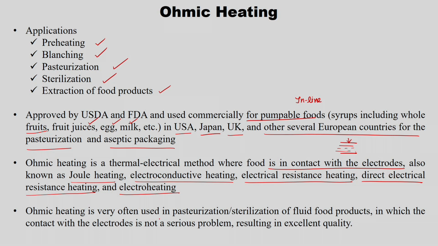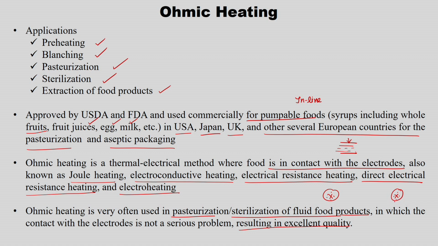Ohmic heating is very often used in pasteurization and sterilization of fluid food products, pumpable fluids, in which contact with the electrodes is not a serious problem, resulting in excellent quality. Sometimes certain food material will enhance corrosion in the electrodes.